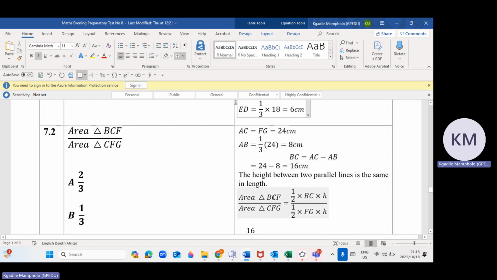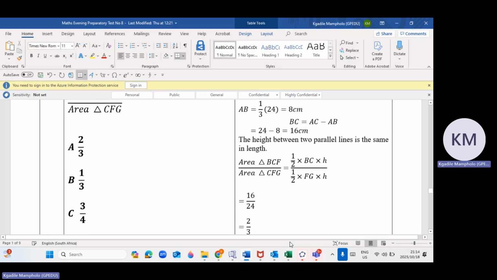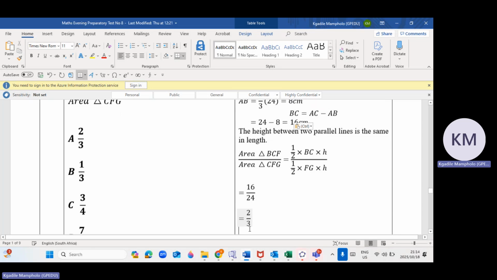Now the area of BCF is half BC times H, then the area of CFG is half FG times H. Why do we say H? H is the same because when the lines are parallel, the height between them is always the same length. Then they cancel. The ratio will be BC over FG, that is 16 over 24, which is 2:3. Therefore, the ratio of the area of triangle BCF to the area of triangle CFG is 2:3.